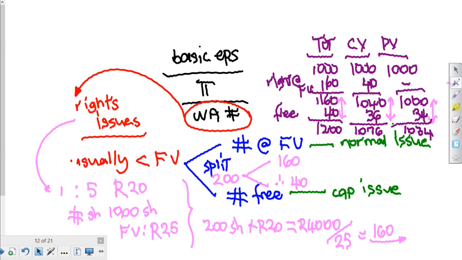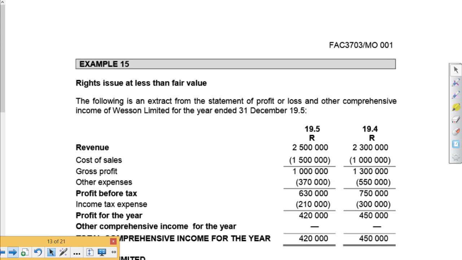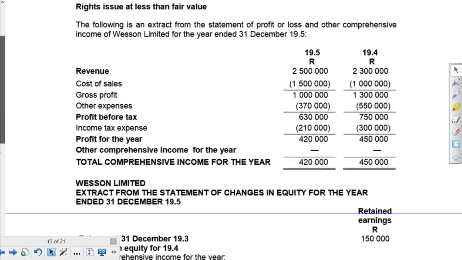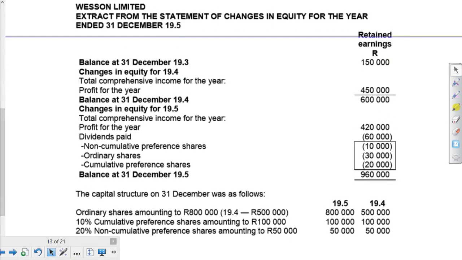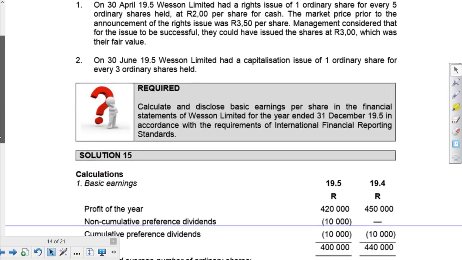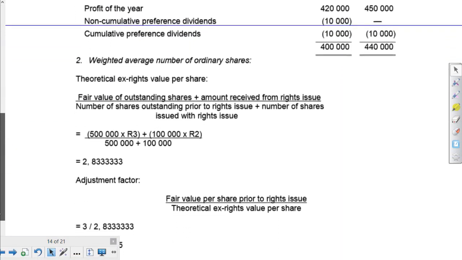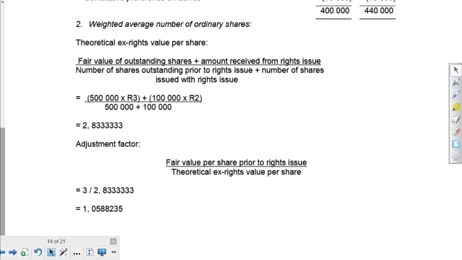The principle is exactly the same as what you learned, isn't it? Now, this is the way that I recommend you learn it. I'm just going to show you the formulas. The way that it's taught in the standard is with these 2 formulas.